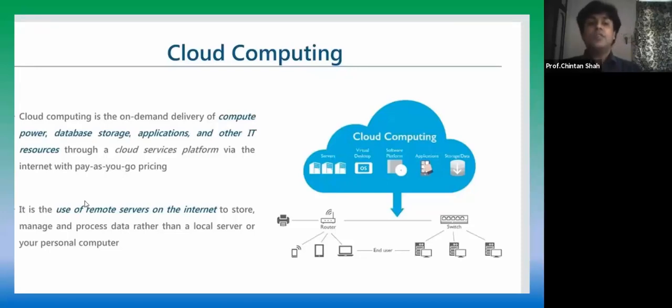So without involving a human, all these things need to be done automatically, and there cloud computing comes in. Cloud computing delivers all these services through a cloud services platform via the internet. Whenever we say cloud computing, the internet is actually required, so the internet plays a vital role here. And cloud computing has pay-as-you-go pricing. It means you pay depending on how much you use.